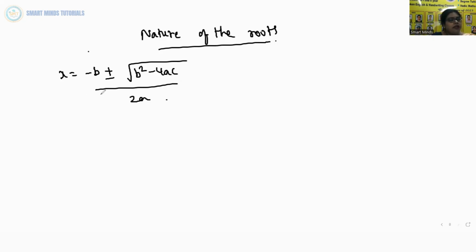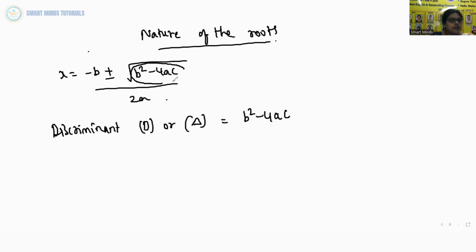But without finding the complete root, how to comment on the roots? Like how to find the nature of the roots? That is with the help of discriminant. So discriminant is denoted by either d or delta, and its value is b square minus 4ac. So everything depends on this b square minus 4ac.